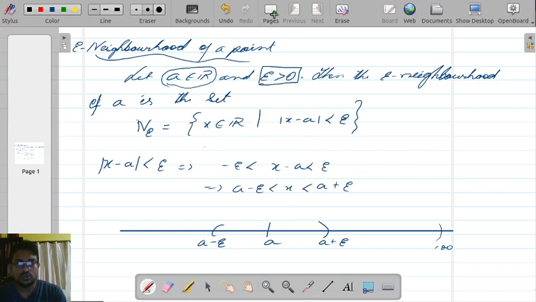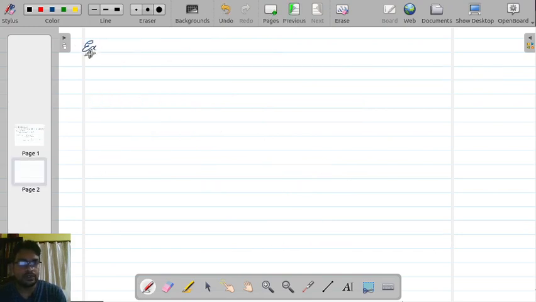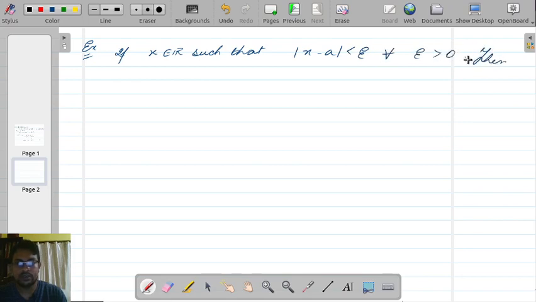Clear? So we can try this exercise. If x belongs to the real numbers such that mod of x minus a is strictly less than epsilon for every epsilon greater than 0, then this x should be exactly equal to a.